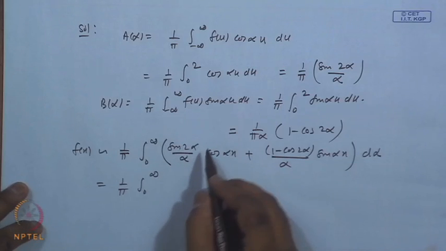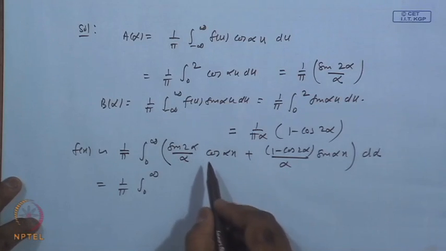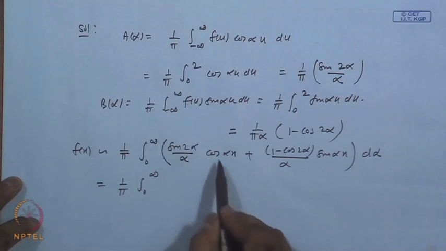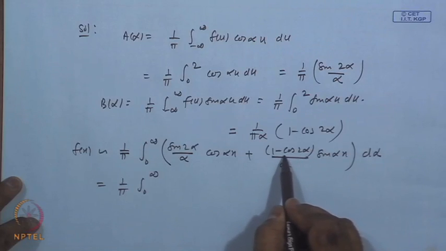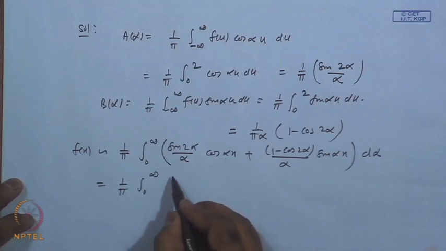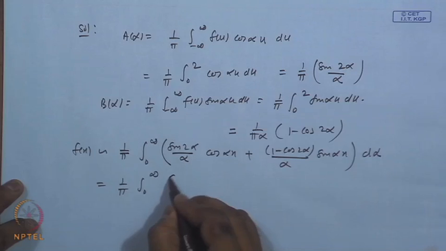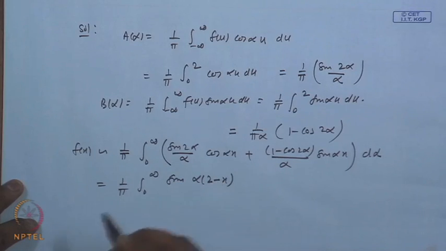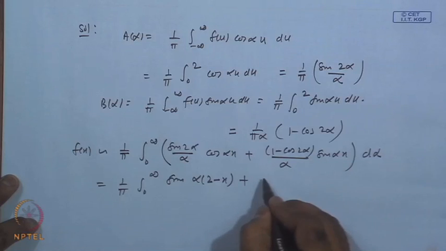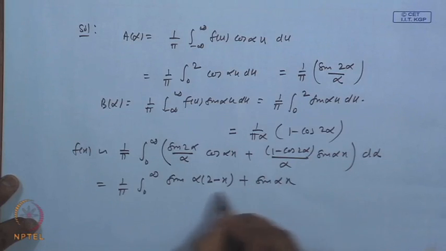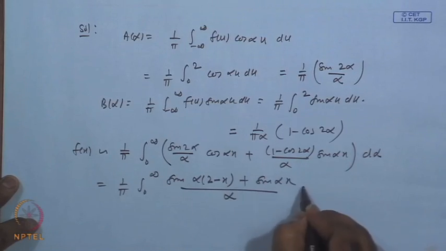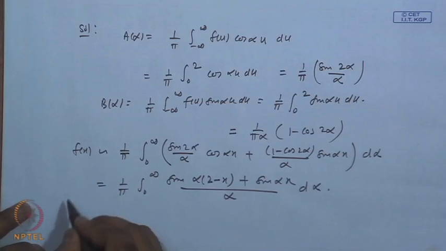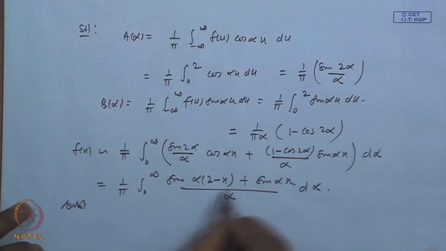We can again combine these two. So, cos 2 alpha and minus cos 2 alpha sine alpha x. So, we get sine alpha (2 minus x) plus this sine alpha x, divided by alpha, and we have d alpha.